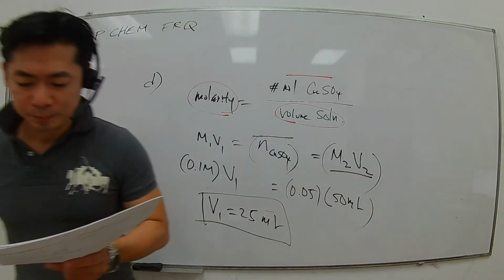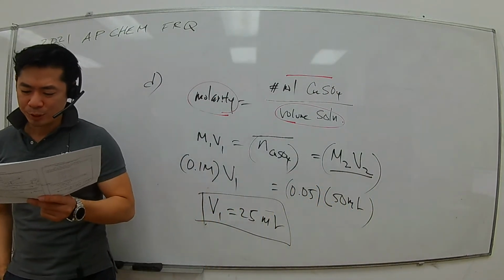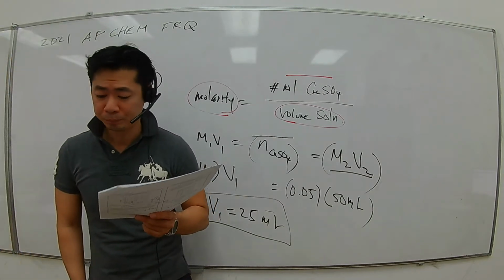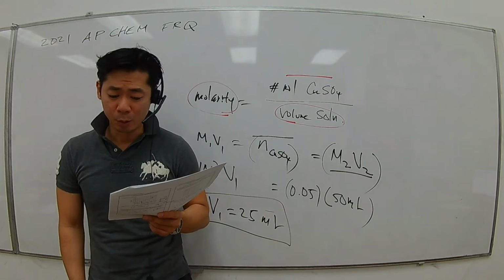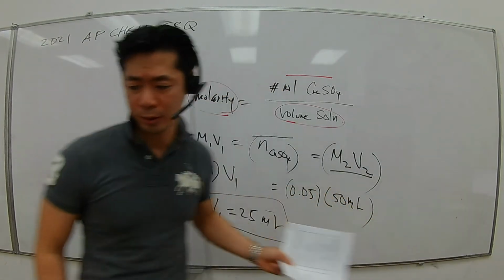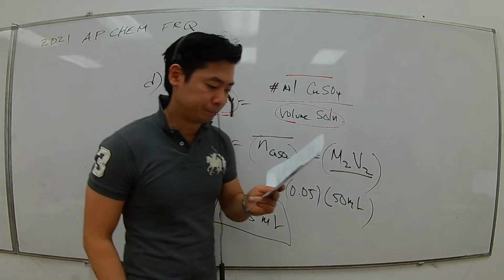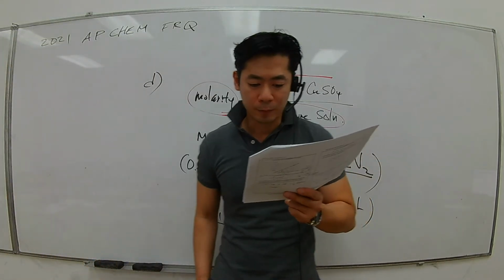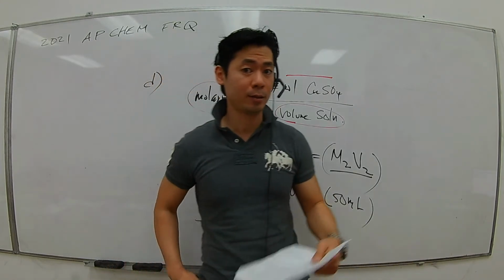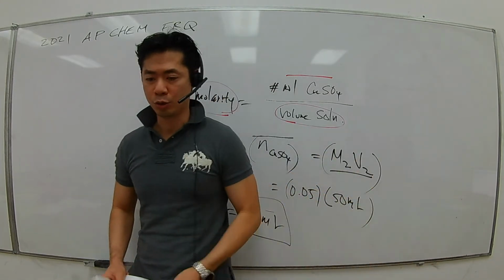And part E, the question is asking: briefly describe the procedure that students should follow to make 50 milliliters of a 0.05 molar copper sulfate solution using a 0.1 molar solution, a 50 milliliter volumetric flask, and other standard laboratory equipment. They're asking you to explain how you're going to dilute a solution.